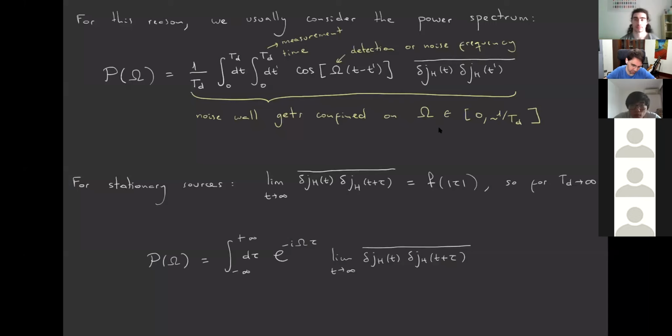Okay, so welcome back. What I was telling you now is that what is usually measured in experiments related to second order moments, in order to characterize the output fields, is the power spectrum.